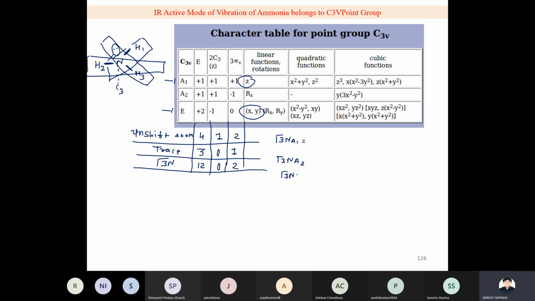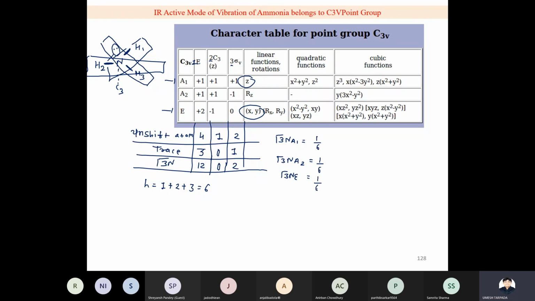So now you tell me what is the order of the group, h. The coefficient of E is 1, here it is 2, and here it is 3, so it is 6. Or you can take the squares of dimensions, 1 square plus 1 square plus 2 square, so it is again 6, so it's 1 upon 6.